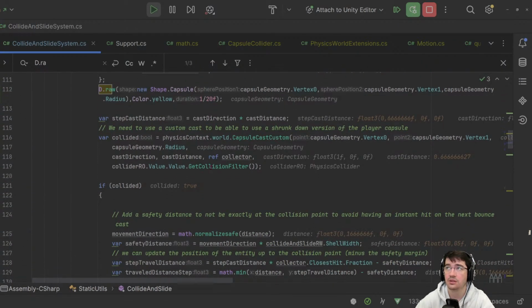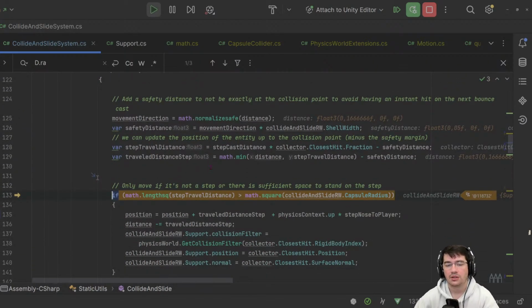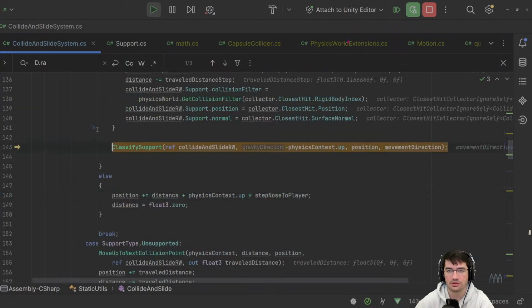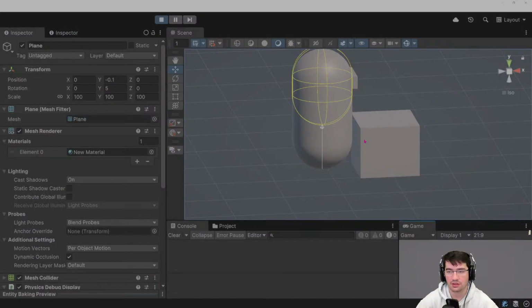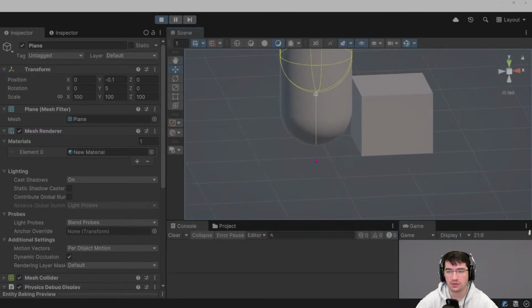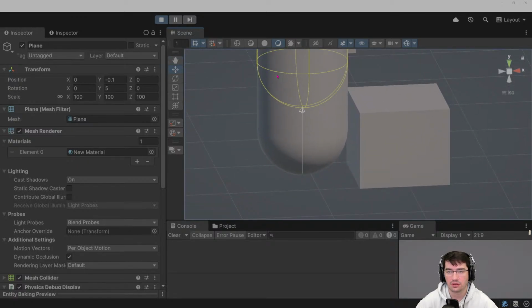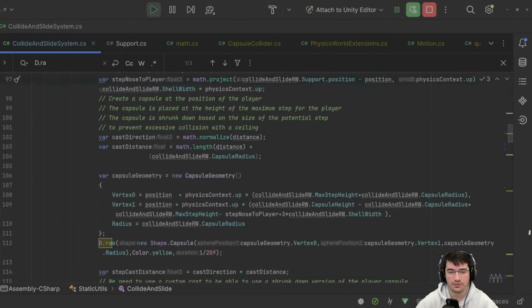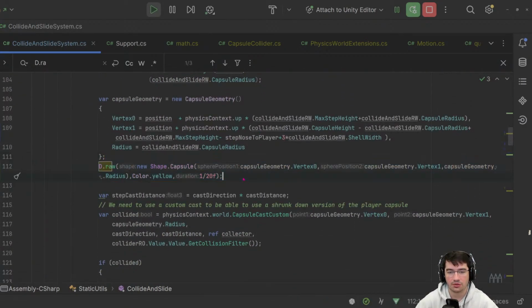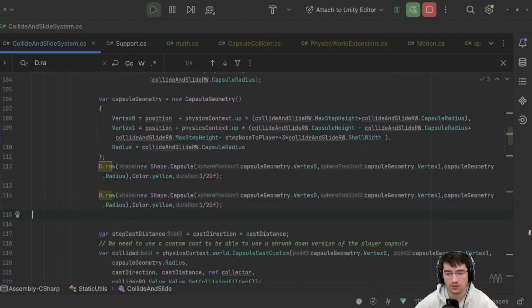Why? It considers there is not enough space to step, so I'm not casting high enough. I'm not casting high enough. Let me draw another capsule.